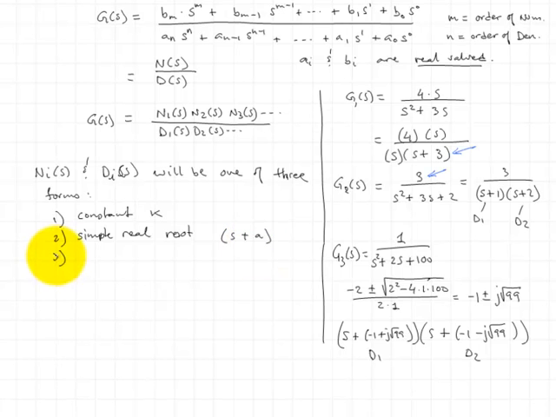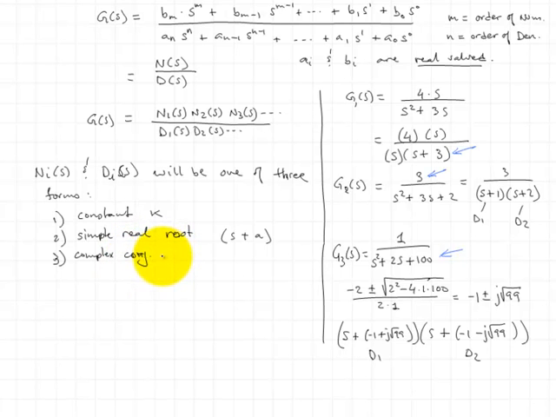And 3, we would have a complex conjugate root pair. Complex conjugate, and they always will be complex conjugate if the unfactored quadratic is real valued in its coefficients.